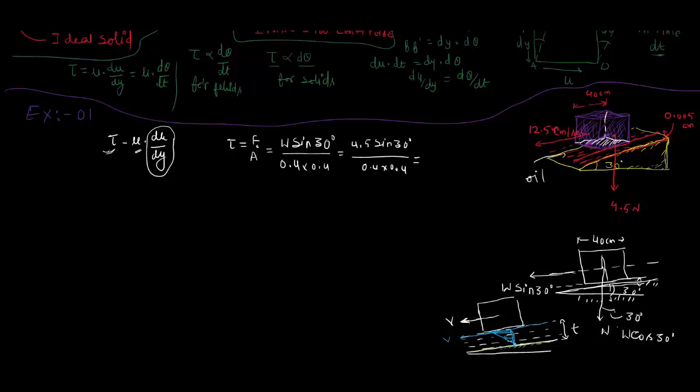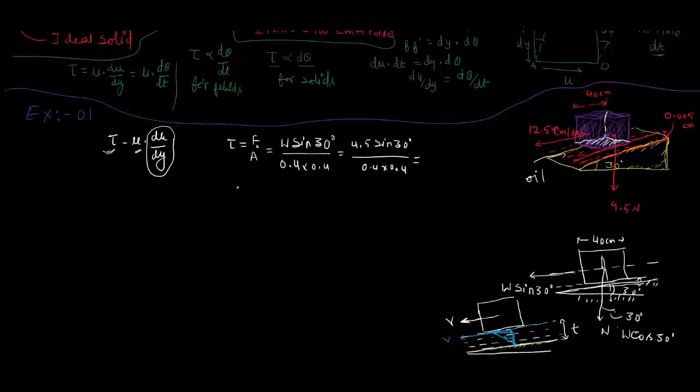Alright, so if you want to calculate the velocity distribution over the distance perpendicular to the fluid flow, that is in this direction, we actually want to calculate the velocity gradient.